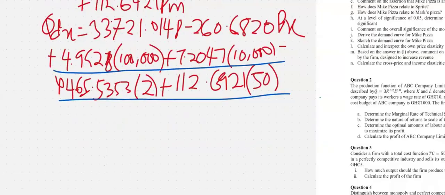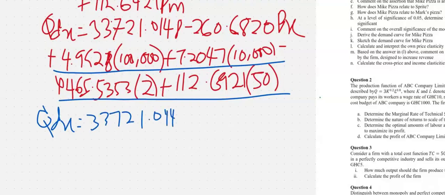So we're going to have QDX equals 33721.0148, right? Minus 260.6820 PX.